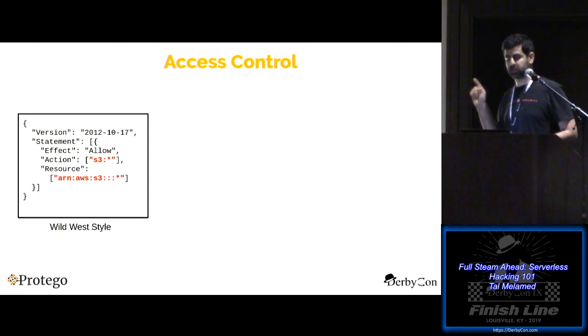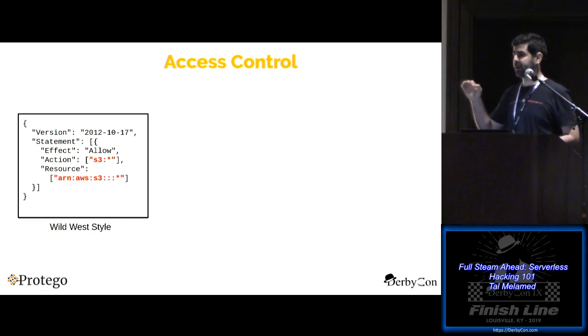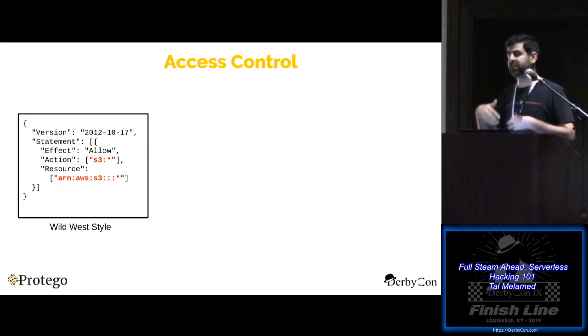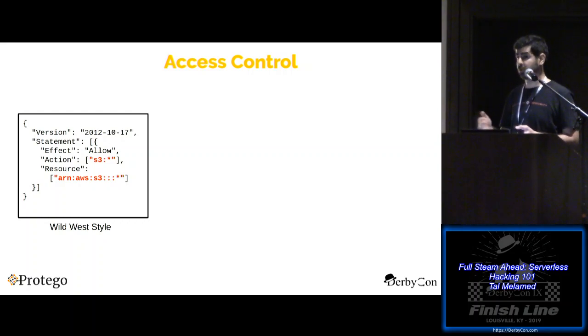And the second part, the resource, tells you that the function can do not only any action, but on every bucket in the account. So that means that if you get that access, you can not only poke into buckets that relate to this specific application, but you can do whatever you want to any cloud storage within the organization. You can do a lot of damage there. You can find a lot of interesting information there.